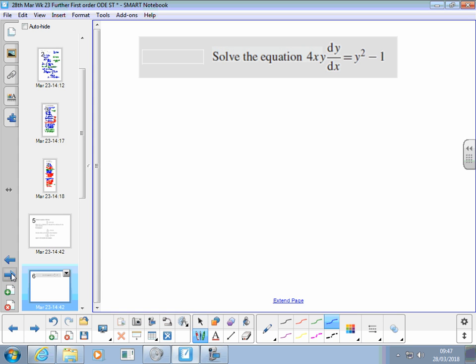So let's have a look at this function. 4xy dy by dx is equal to y squared minus 1. What's the first thing you would do in terms of getting all the y parts on one side and all the x parts on the other?